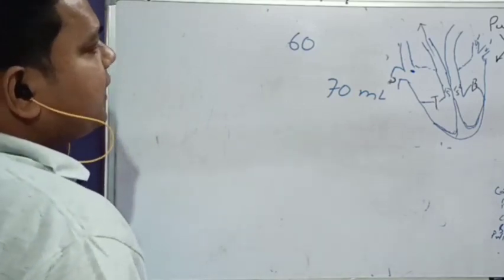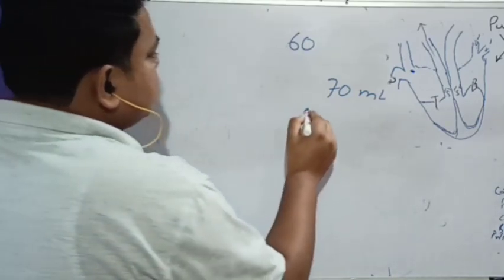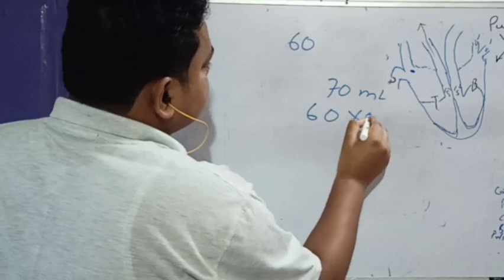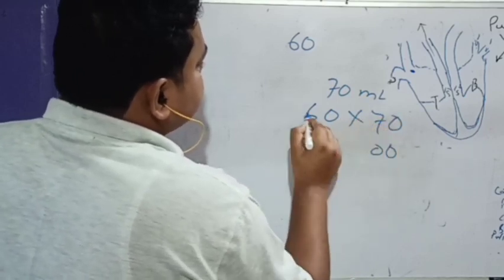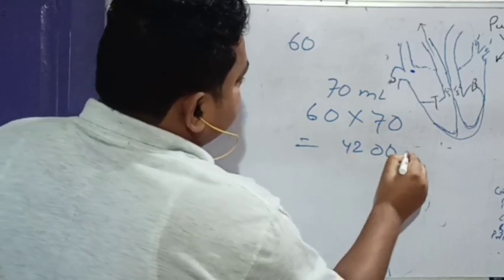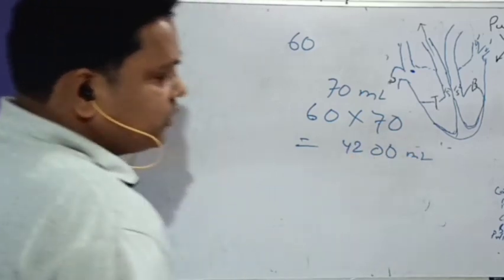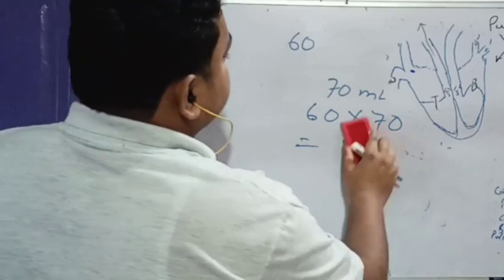Calculate the cardiac output. So nothing, just multiply 60 into 70. It will be what? 7 into 6 is 42, so 4200 milliliters. Is it okay? Okay.